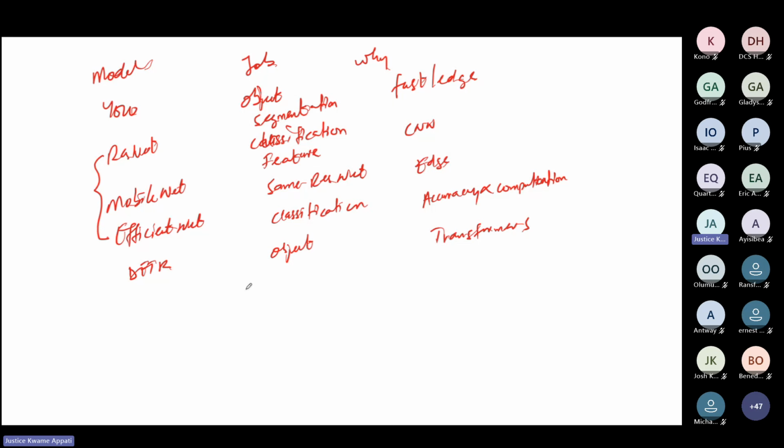So what other thing can we get for segmentation? Over here, we have what we call SAM, simply meaning Segment Anything. That's SAM. And there are two versions, SAM and SAM 2. Their purpose is image segmentation.